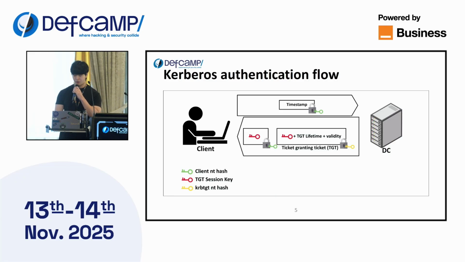If the time difference is within the acceptable range set by the server, it sends back a ticket granting ticket, known as TGT, along with a TGT session key encrypted with the user's NT hash. The TGT is encrypted using the KRBTGT account's NT hash, which prevents the client from viewing or tampering with its contents. This process is also referred to as the pre-authentication stage.